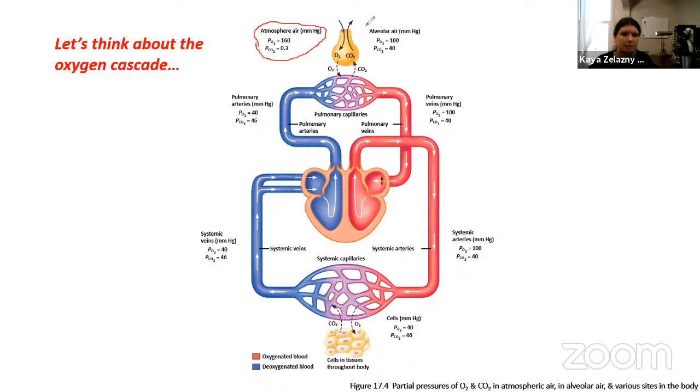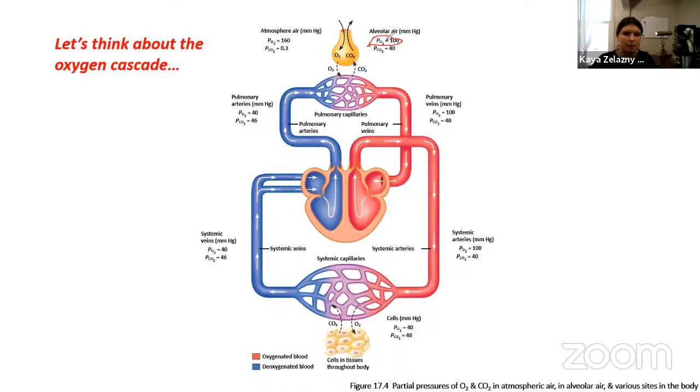But what we haven't put specific numbers on are the alveolar air and the blood. In our alveolar air, the partial pressure of oxygen actually is 100. So we were choosing a convenient fake number for the last couple slides.